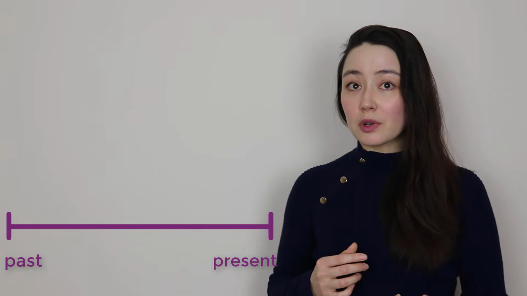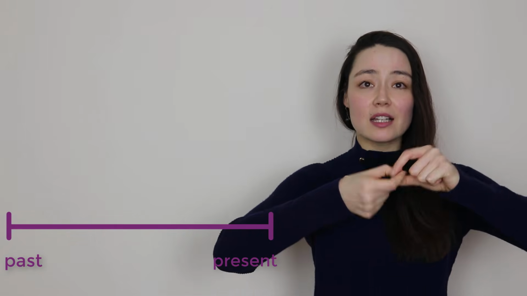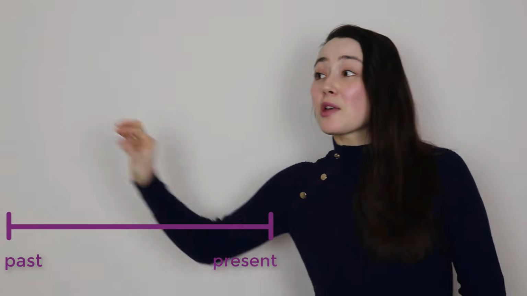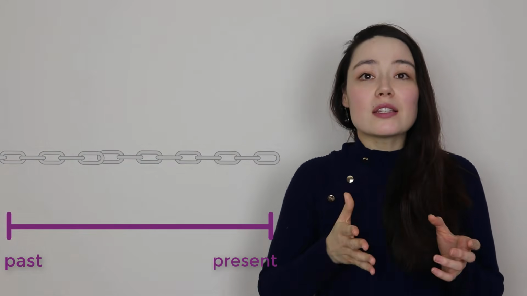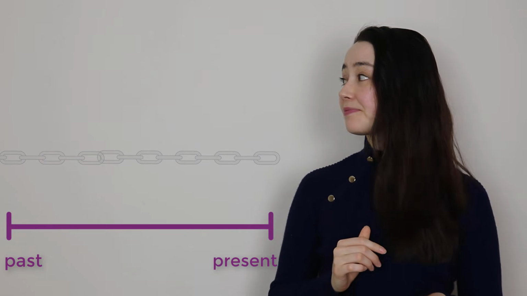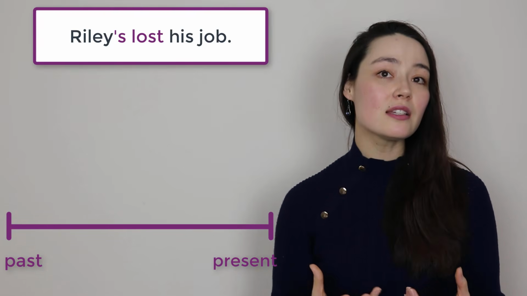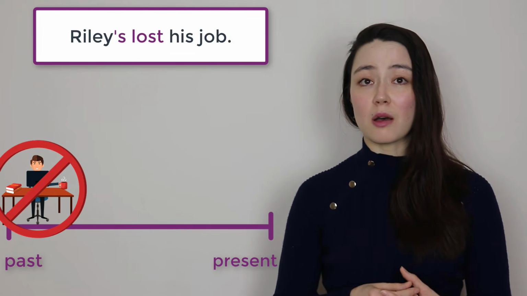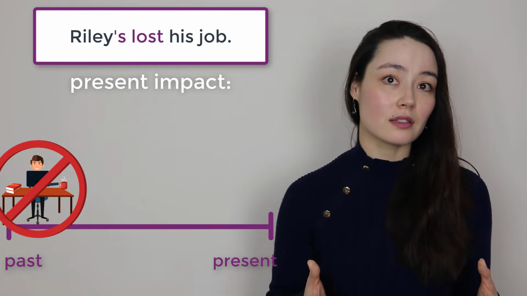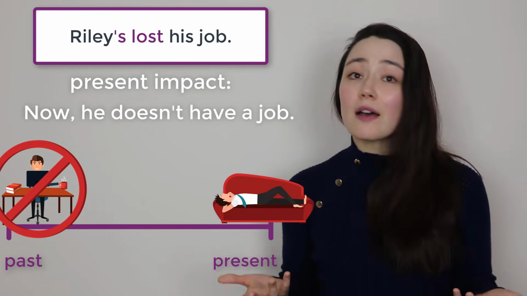When we're using the present perfect, we're really trying to link the past to the present. There's a present impact. Riley's lost his job. In the past, he lost his job. Now, what's the present impact? Now he doesn't have a job.